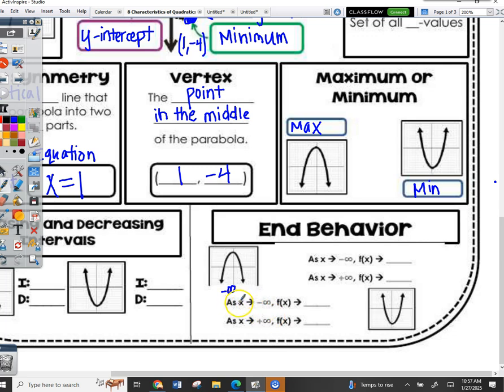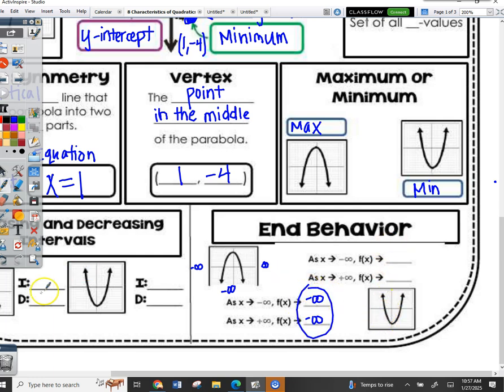As x goes left, because left is this way, right? As x goes left, the graph goes down. As x goes right, the graph still goes down because it's opening down.